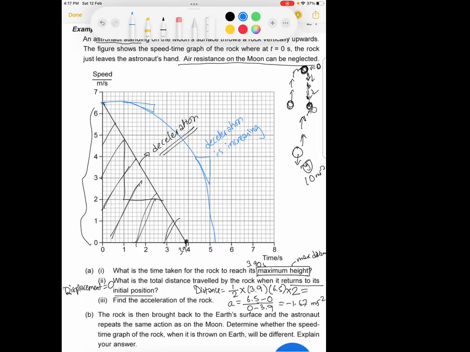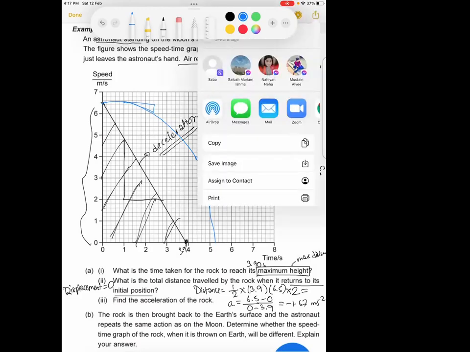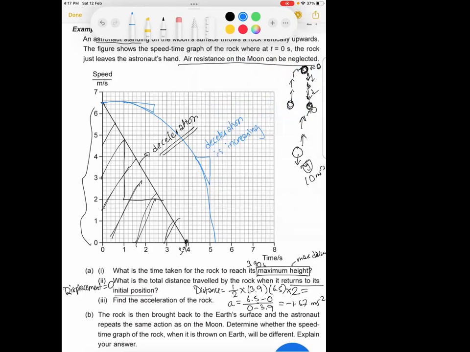Okay, the next, I'm just going to give you another example because this one was a bit messy.